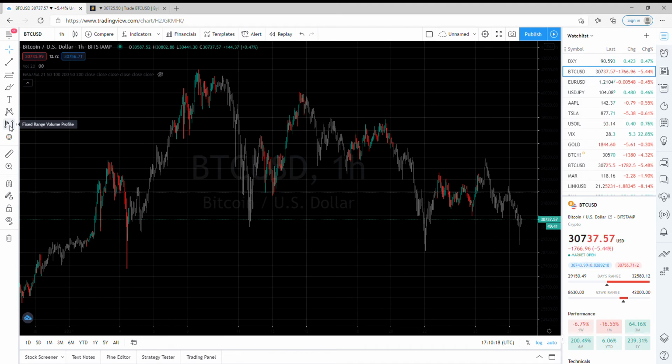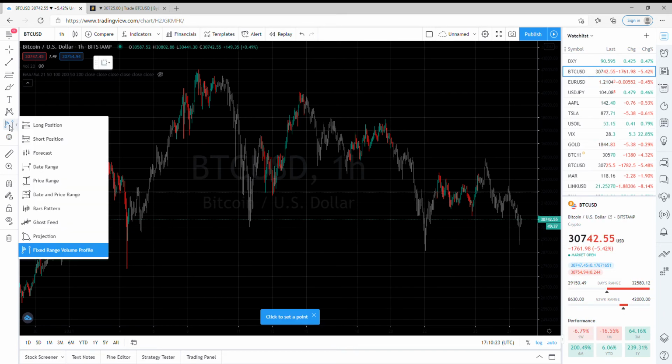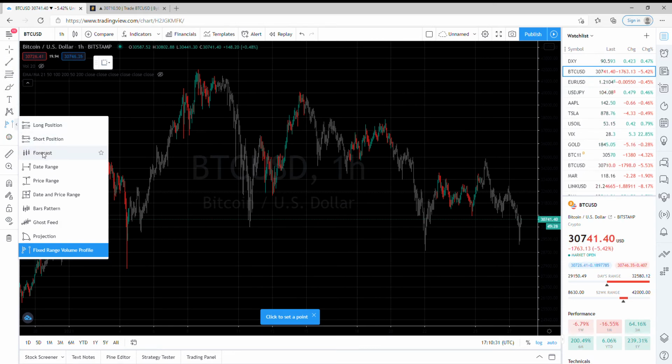It's not an indicator. You click on it 2 times, and it gives you, probably in your widget here, long position, short position. Then you go all the way down to the fixed range volume profile.